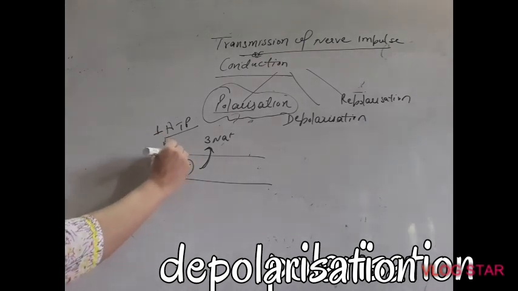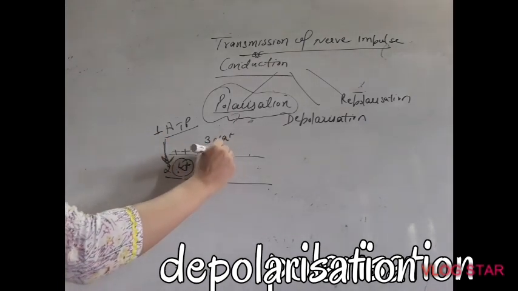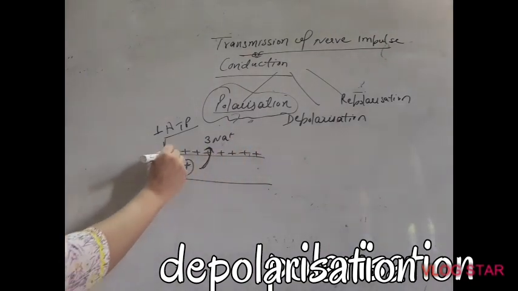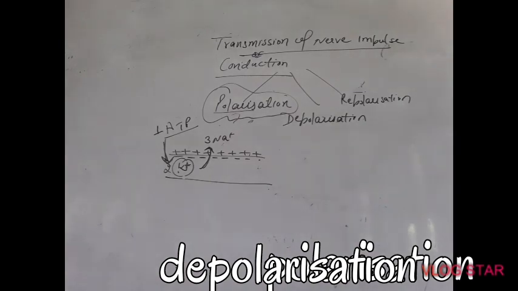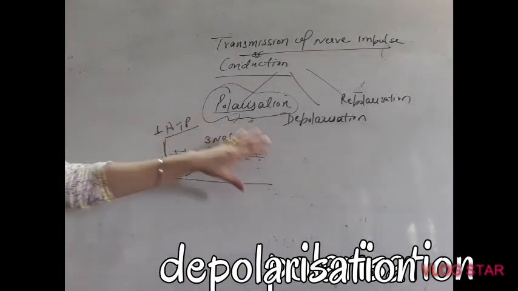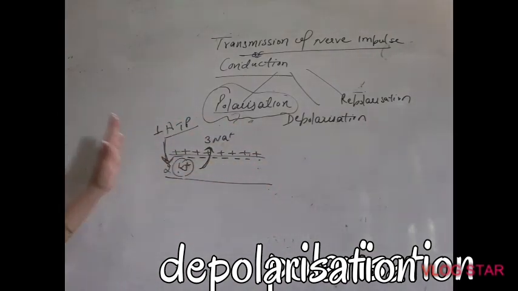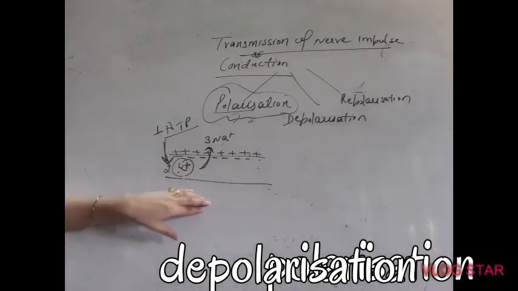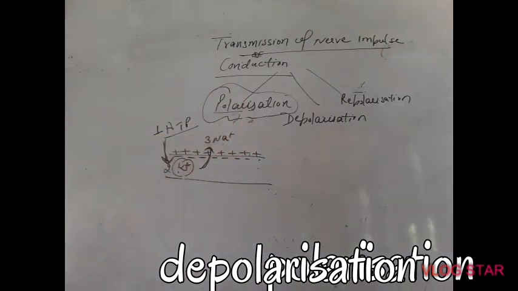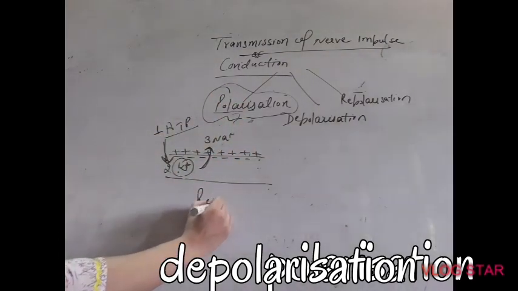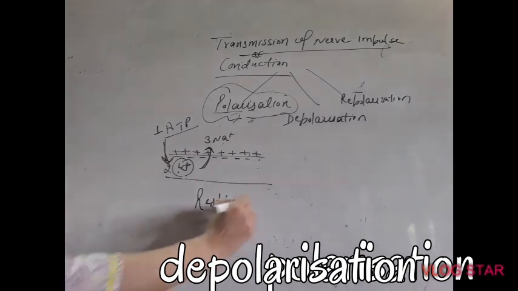As a result, it develops positive charge outside the axon membrane, or you can say nerve fiber, and negative charge develops inside the nerve membrane. At this stage, this nerve membrane is said to be at a polarized phase. Polarization phase means when it is at a resting phase, when it does not carry any impulse.